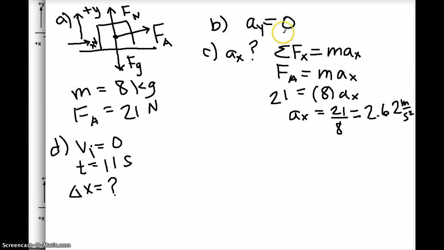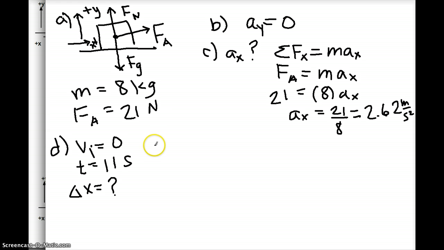So I have my acceleration in the x direction and the y direction. And I can tell that they're talking about displacement in the x direction because forces in the y direction are balanced, so there's not going to be any motion. But in the x direction, we can find displacement by using one of the kinematic equations.